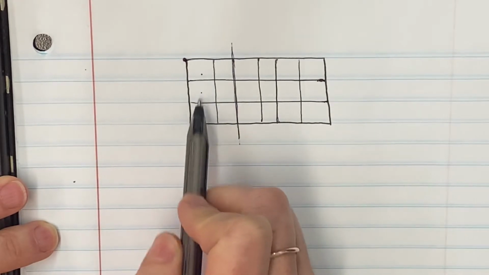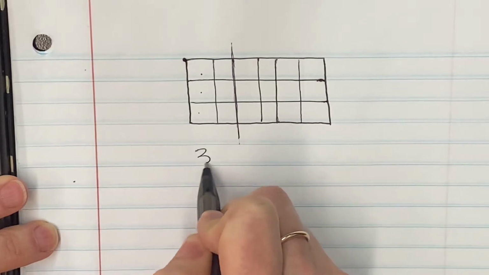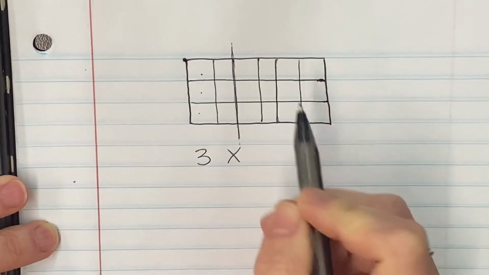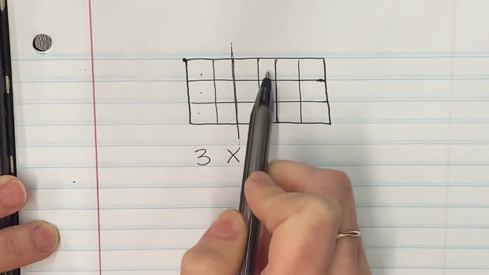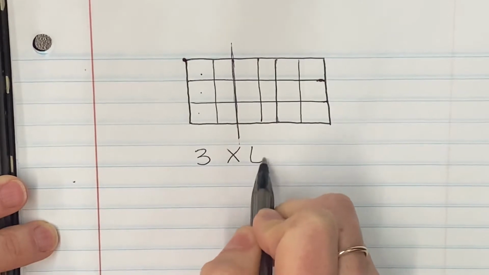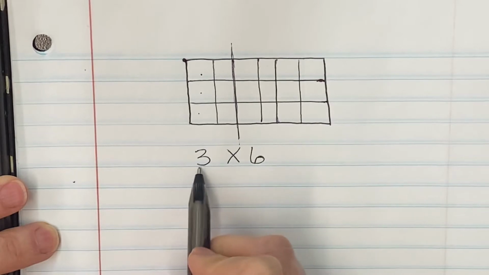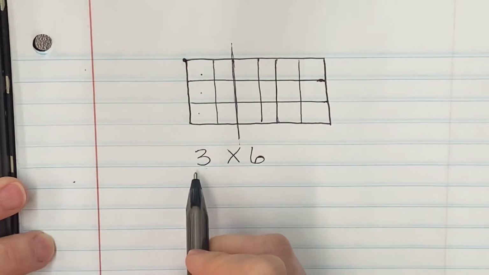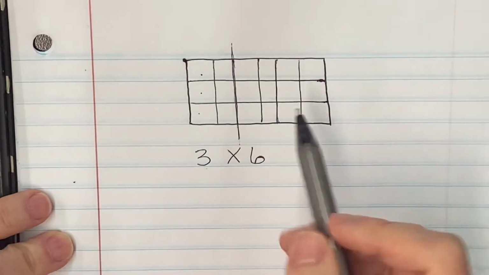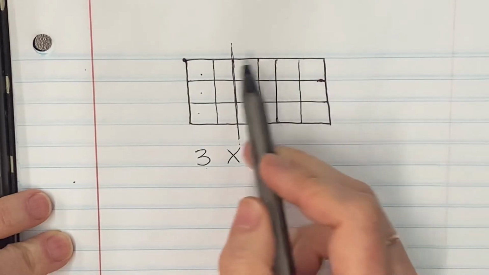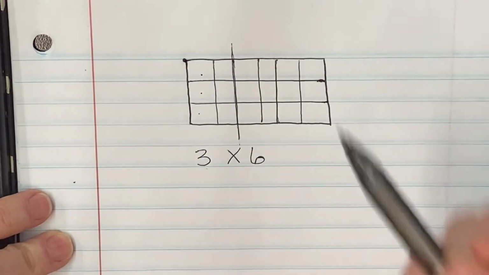So that would be 1, 2, 3. This is a 3 by 1, 2, 3, 4, 5, 6, a 3 by 6 region. And I did the width first for a reason, and I'll show you why in just a second. Okay, so the entire shape is a 3 by 6 shape.